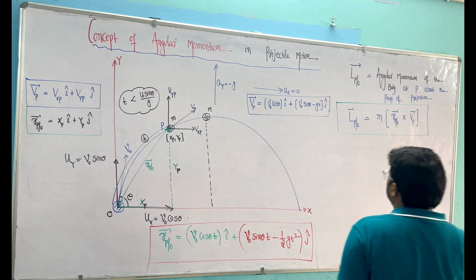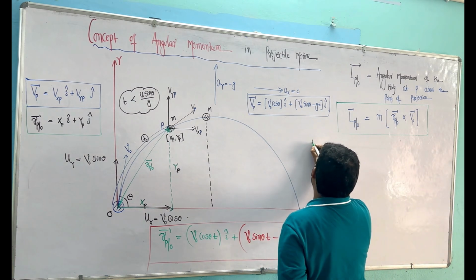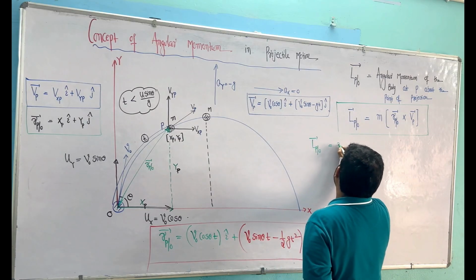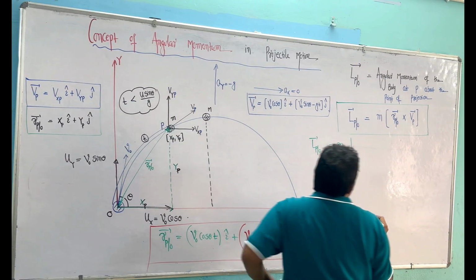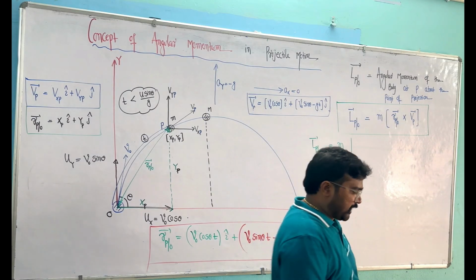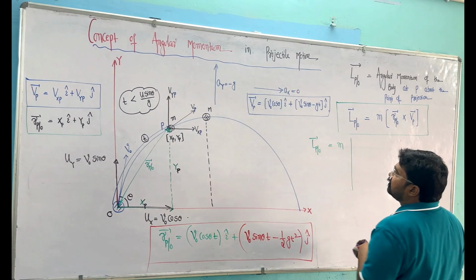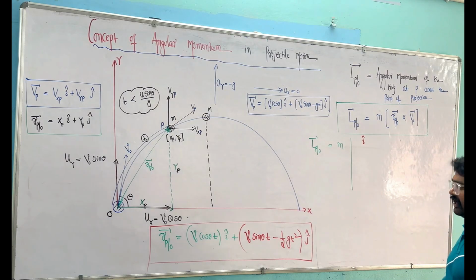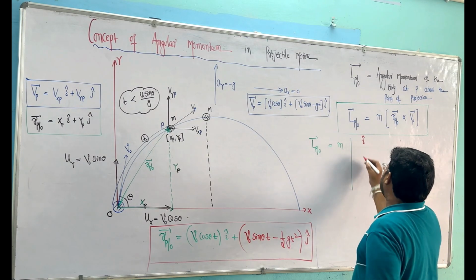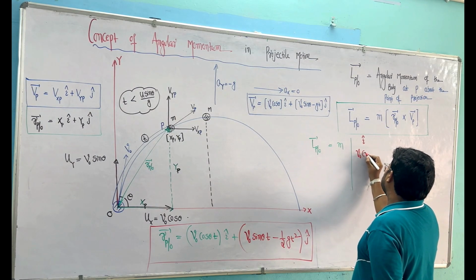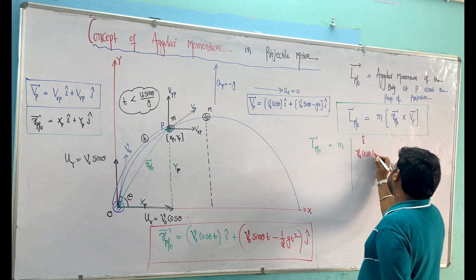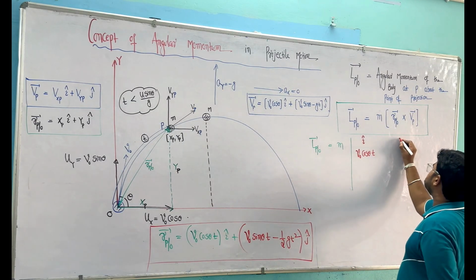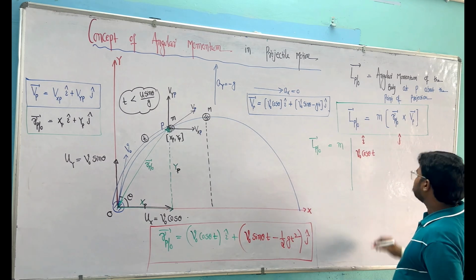Now tell me how to write this. Angular momentum of the particle P about point O, point of projection, is the position vector cross product with the momentum. Taking i j k: i cap, position vector, V naught cos theta t. After that, j cap, what will you get?